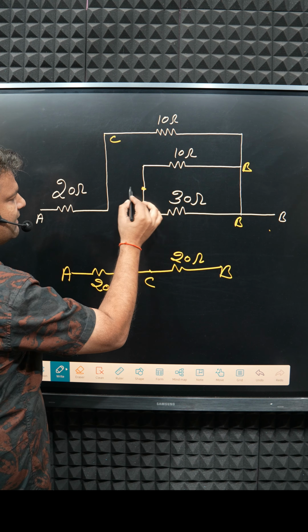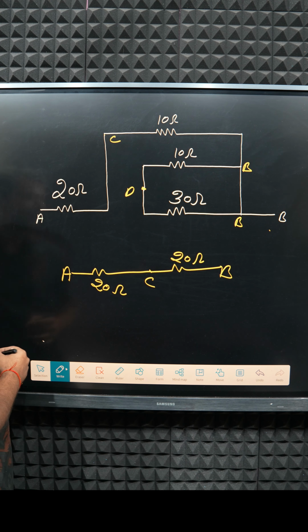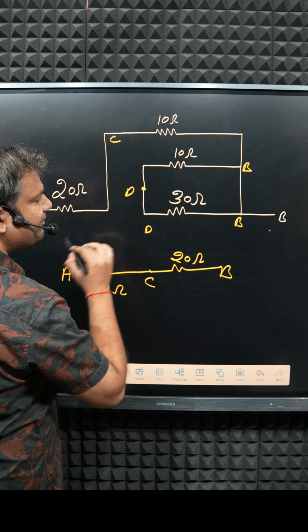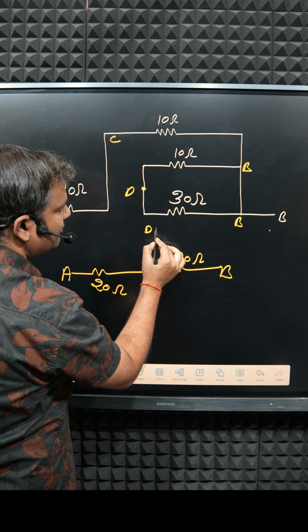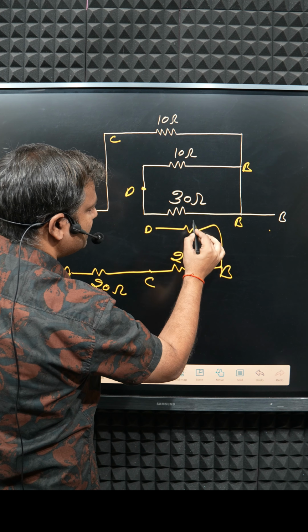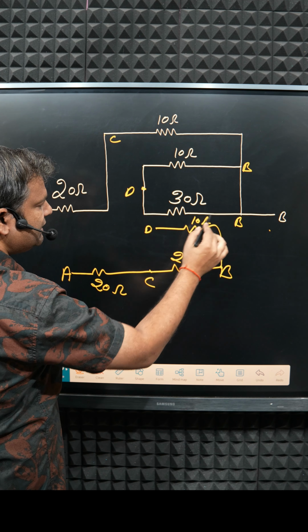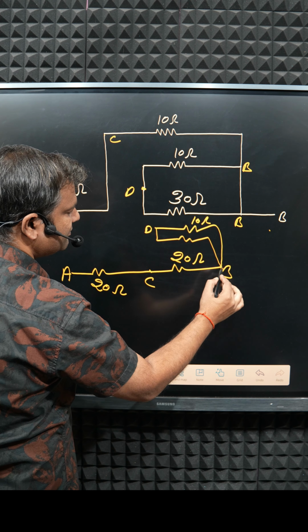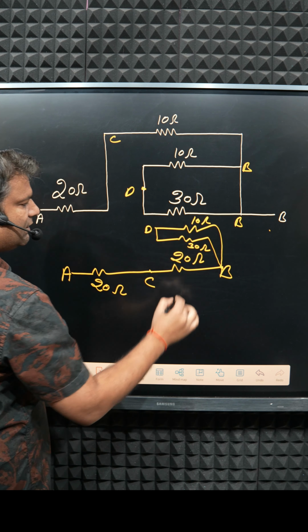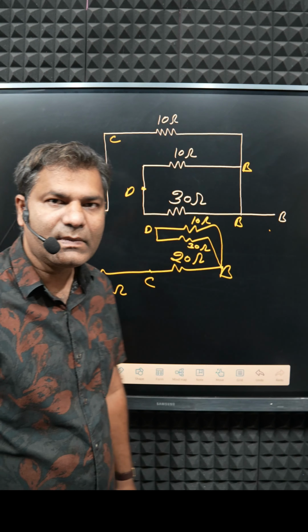Now consider that this point is D. So B to D is 10 ohm, no problem. B to D again, this one is 30 ohm. Now, what is our motto?